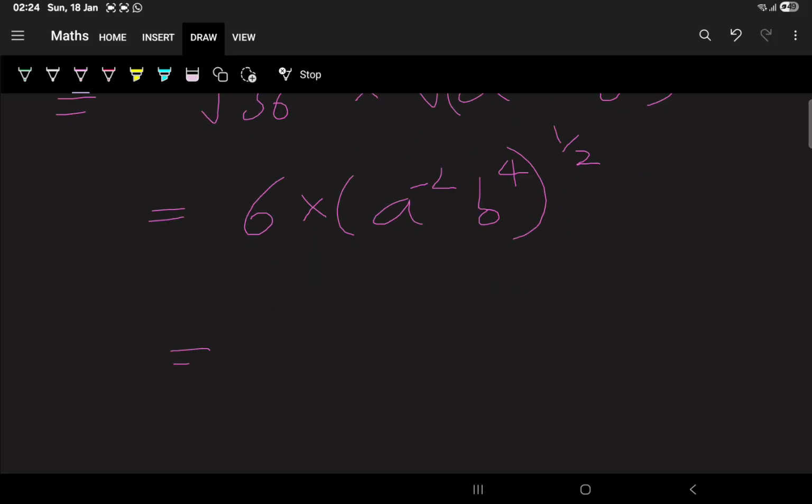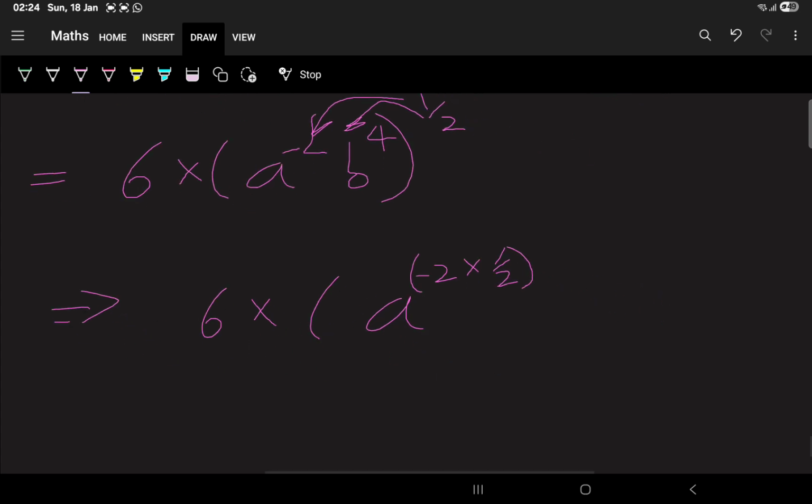Now this is going to simplify to be 6 times a raised to the power of negative 2. Remember, this is going to distribute to b raised to the power of 4, and is also going to distribute to a raised to the power of negative 2. So multiply by 1 over 2, b raised to the power of 4 times 1 over 2.